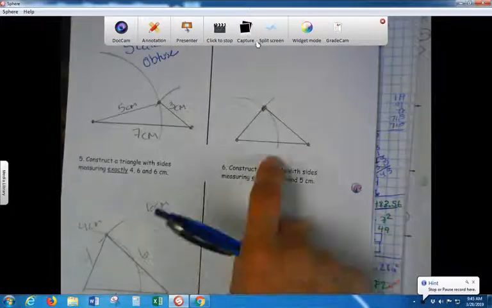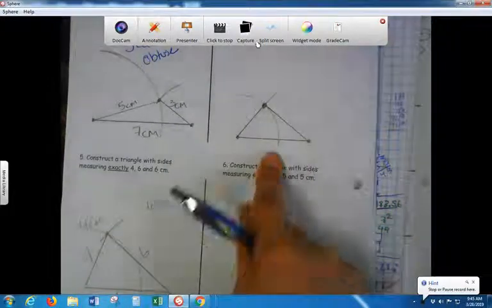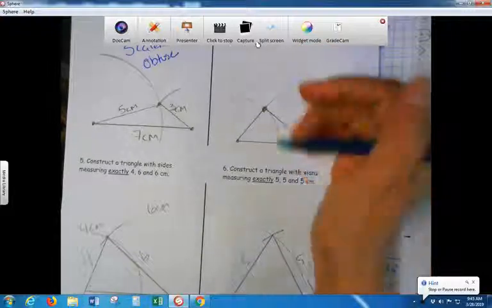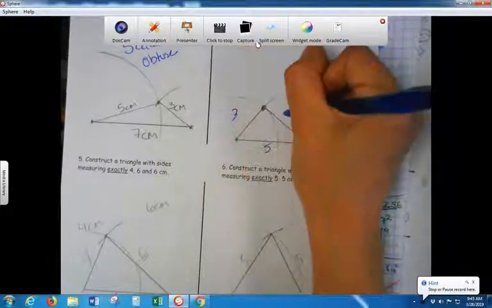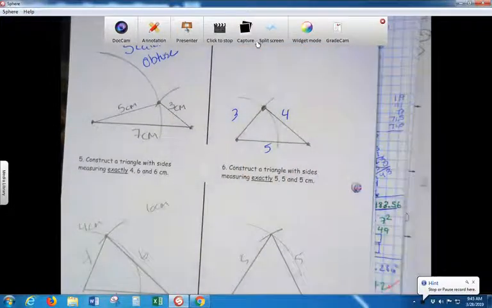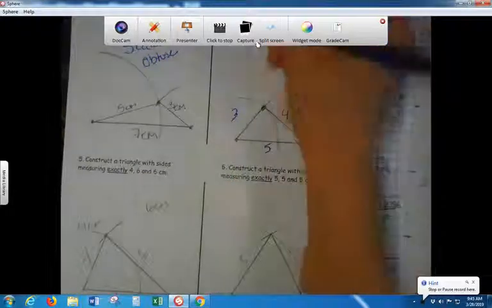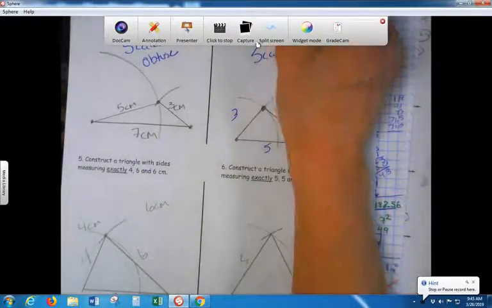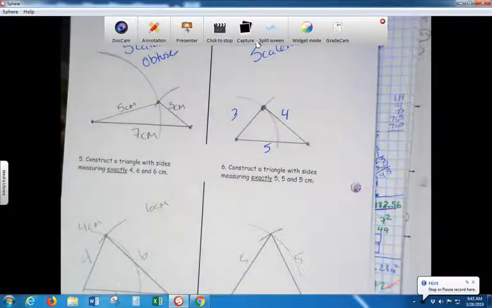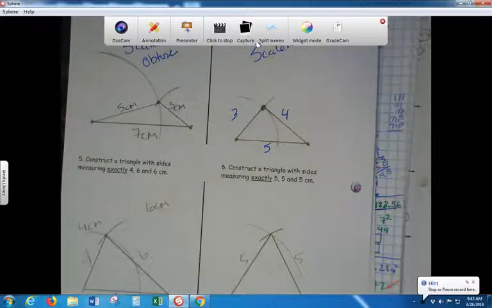Did you guys have these measured? This one? Yeah. 5, 3, 4. Okay. What do we call it based on these sides? Scalene. Now, the reason Miss J and I passed out these protractors is to quickly measure.